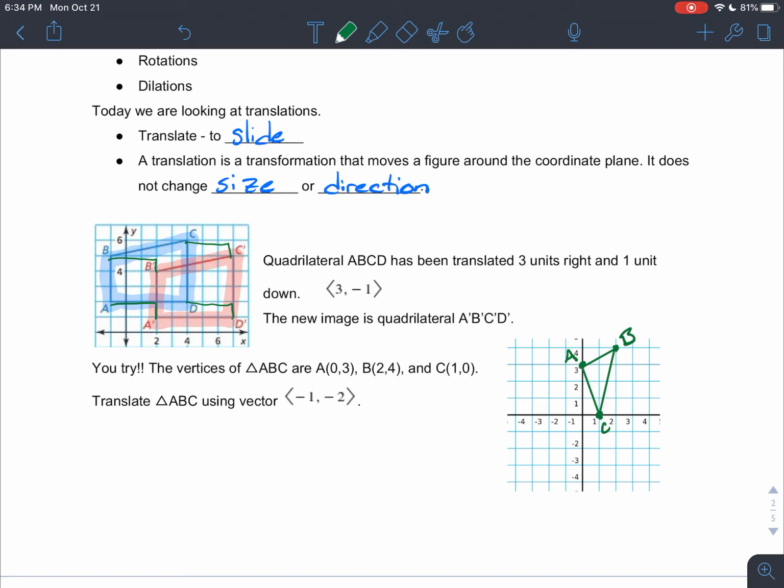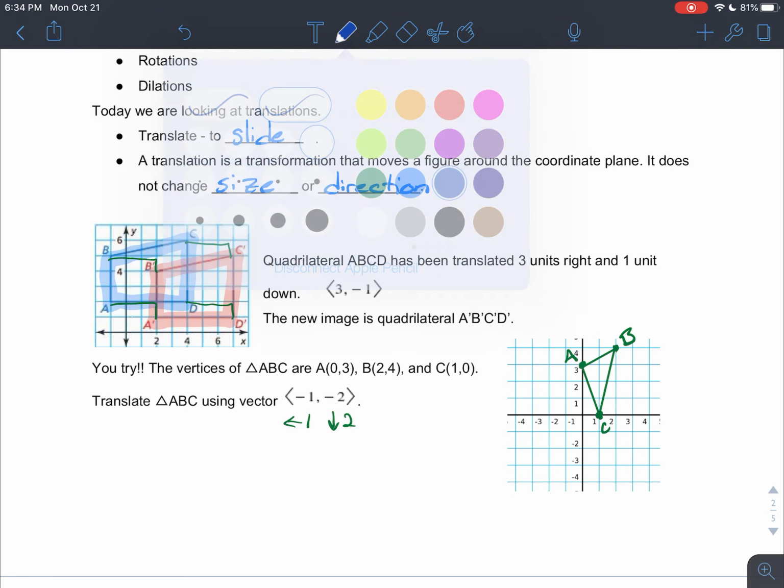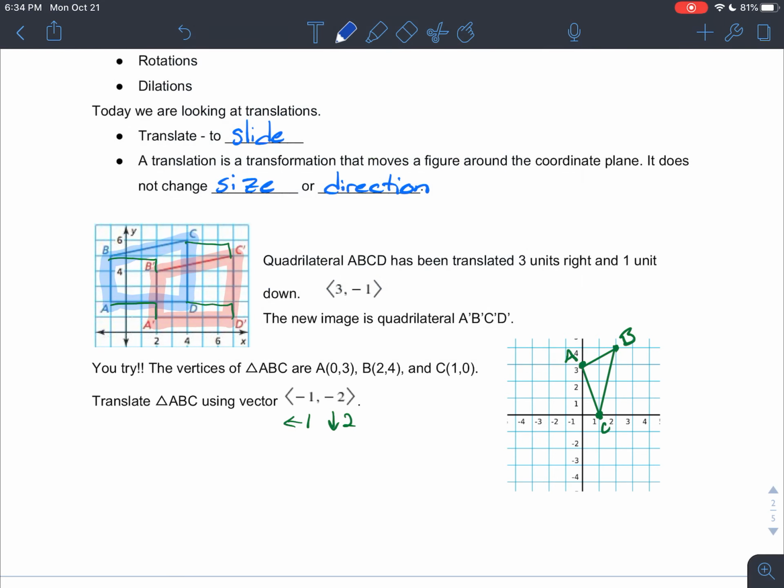Okay. And then it says to translate ABC using vector -1, -2. So that means I'm going to go left 1 and down 2 for each individual point. Okay, so for A, I'm going to go left 1, down 2. And what do I call my new point? A prime. And we put that prime with an apostrophe. So A prime. B, left 1, down 2.